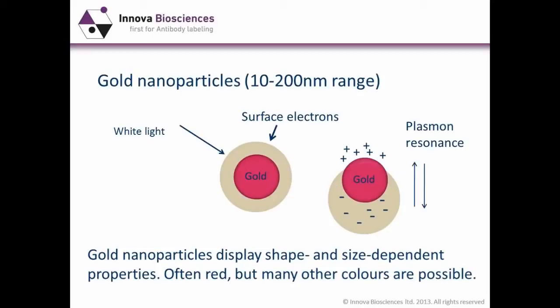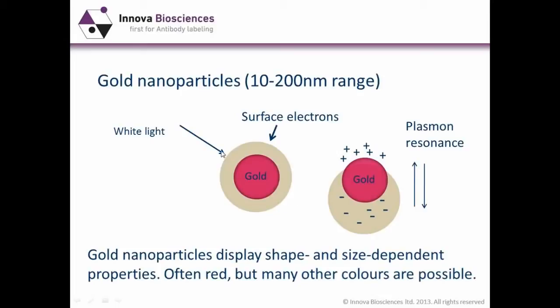This really applies to nanoparticles in the 10 to 200 nanometer range. There's an electron cloud around the gold particle, which can be excited by white light. The energy that is absorbed essentially means that gold displays a red color.